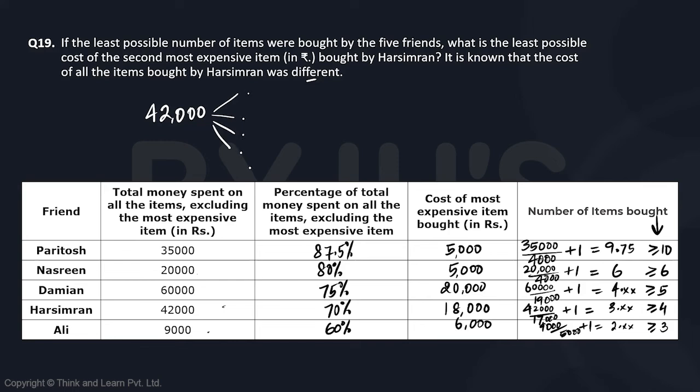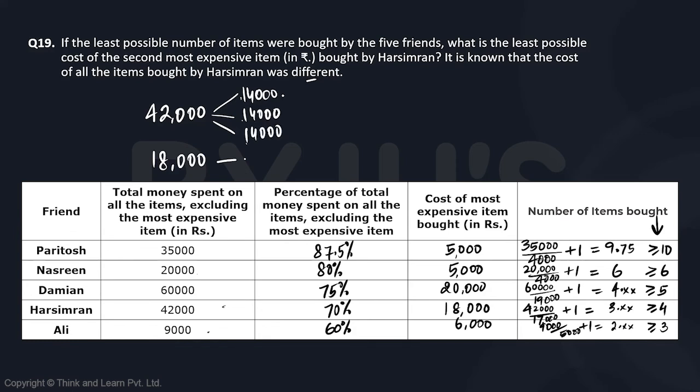Actually this 42,000 is excluding the costliest. So we have to divide 42,000 into only 3 parts, because at least four items includes the costliest item. We already know that the costliest item bought by Har Simran is just one item, right? So we have 3 more. So let's divide 42,000 into 3 equal parts. Each part is going to be 14,000, right?